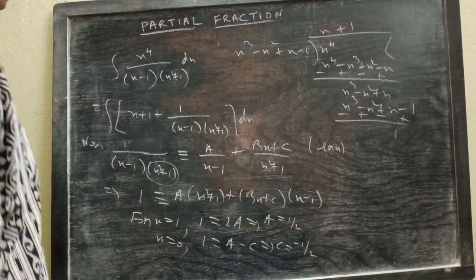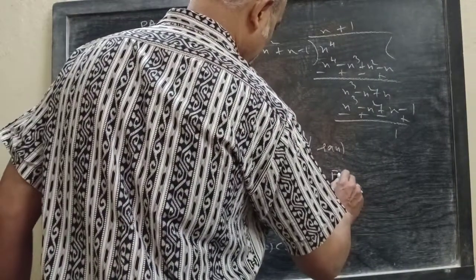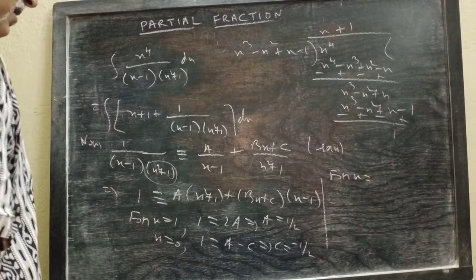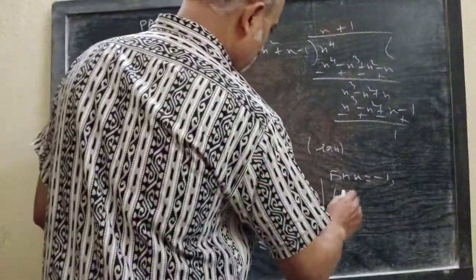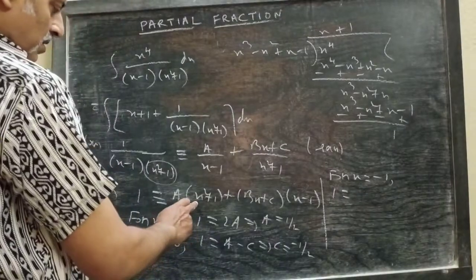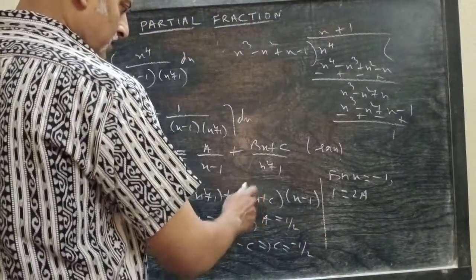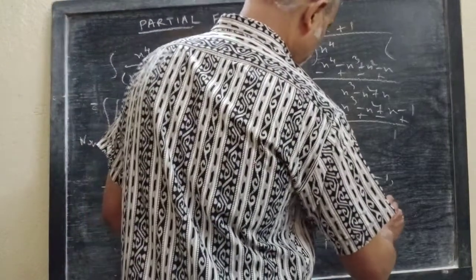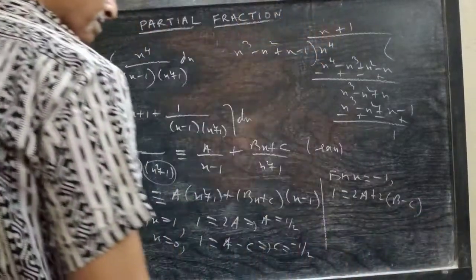Next, we have to get the value of b. For x equals, let us take minus 1. Then 1 is equal to 2a plus (c minus b) into minus 2, so plus 2 into (b minus c).